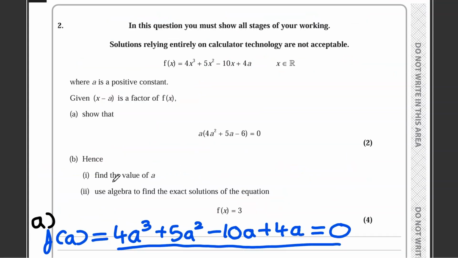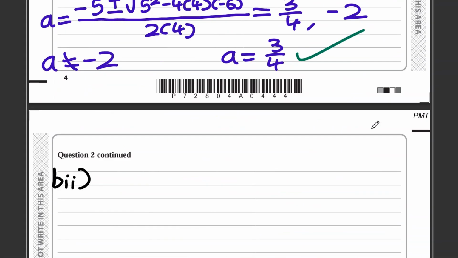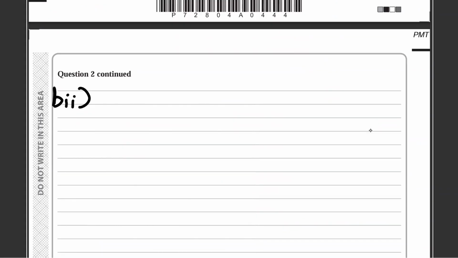Okay, and then for the second part of B, we need to use algebra to find the exact solutions of the equation f of x is equal to 3. Now remember, f of x is this function up here, and as we figured out that a is equal to 3 over 4, we can sub this in, so we can rewrite f of x as 4x cubed plus 5x squared minus 10x plus 4.